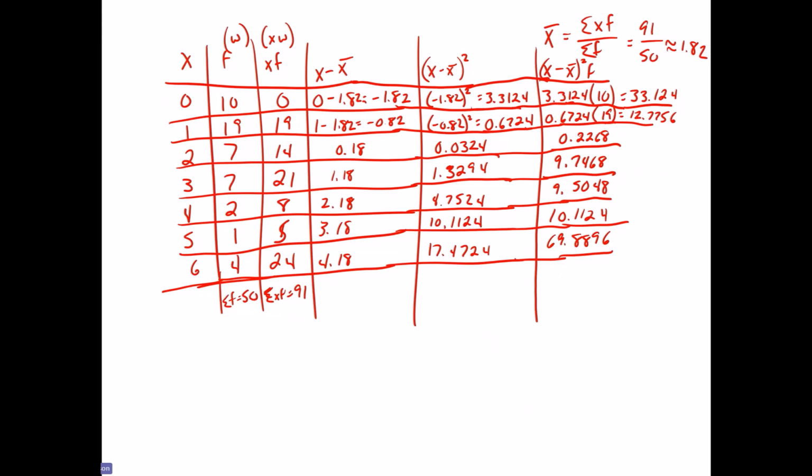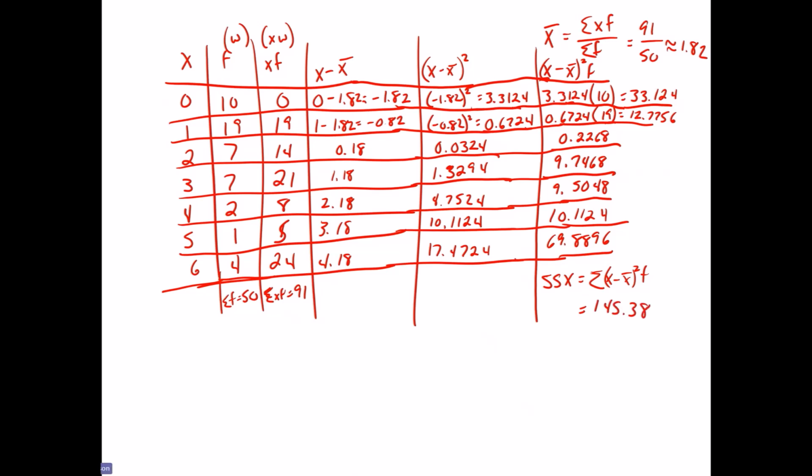Now we're taking into account how many times each of these squared deviations occur. So we can add those up, and that's going to be our sum of squares. If we add up this last column, that is our sum of squares, which is 145.38.